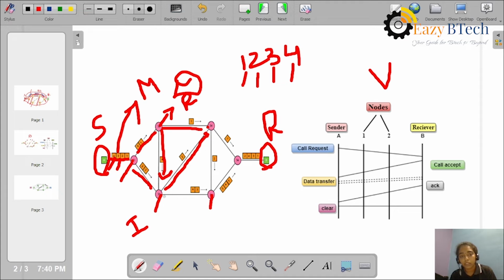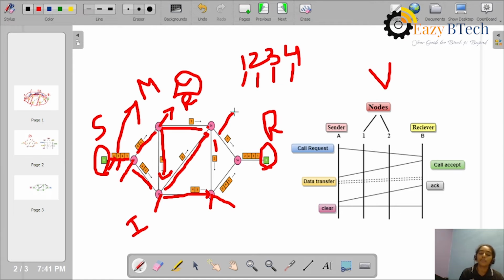Okay. So 4 and 3 packets go to S5. This is S5. Okay. So these are the different routes. Here the intermediate nodes decide the different routes or shortest path to deliver that particular packet from source to destination, right?